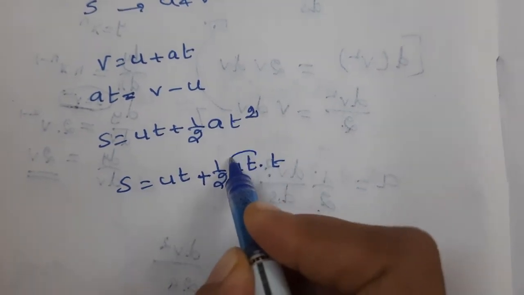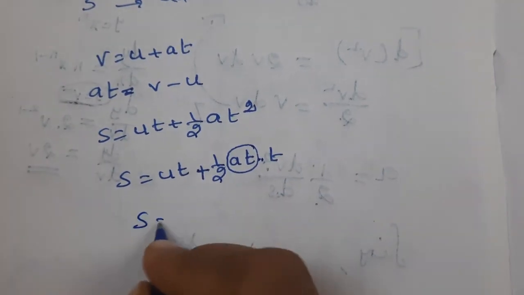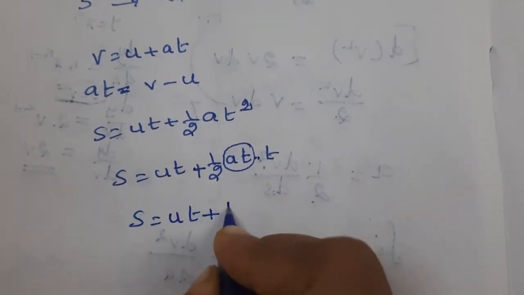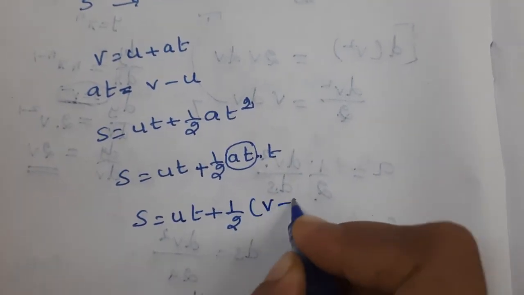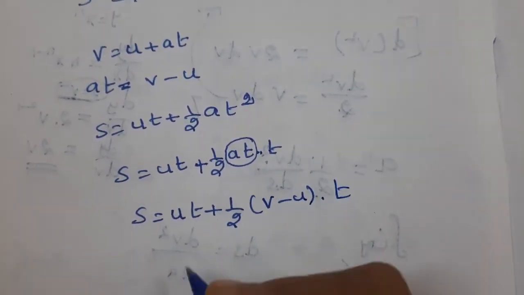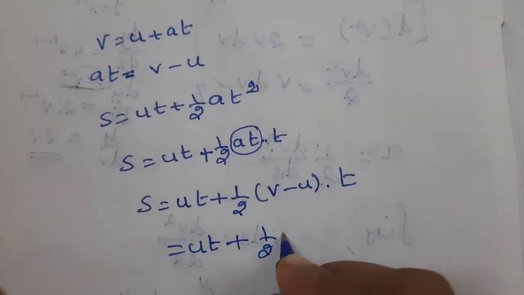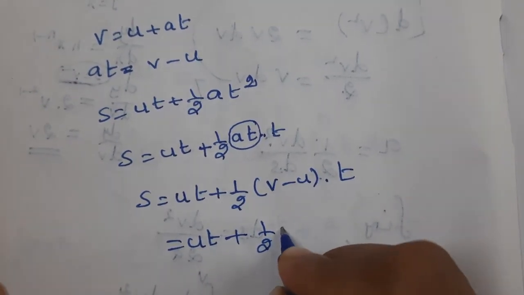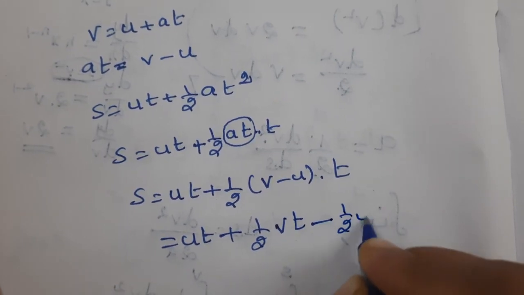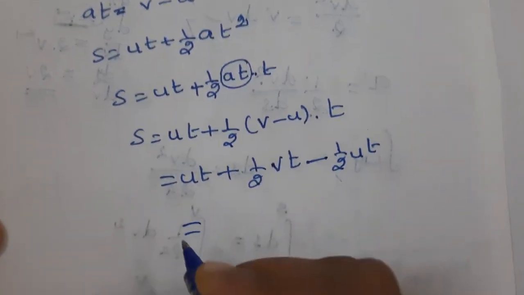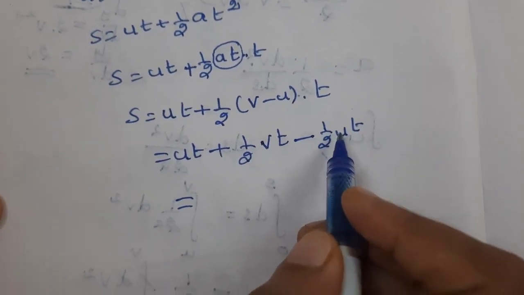Now, instead of this at, we can substitute v minus u. So s is equal to ut plus half into, instead of at, v minus u, again t. So ut plus half vt minus half ut. ut minus half ut, 1 minus half, half.